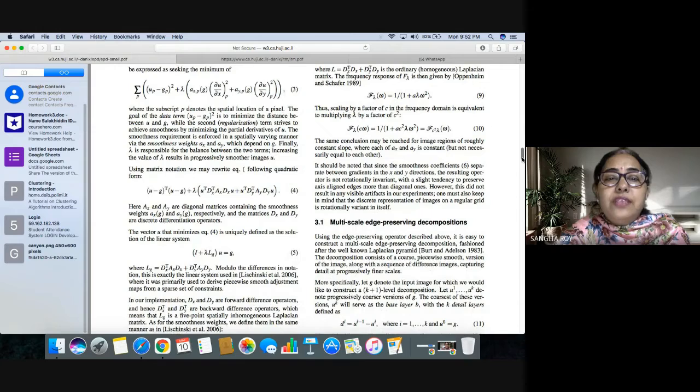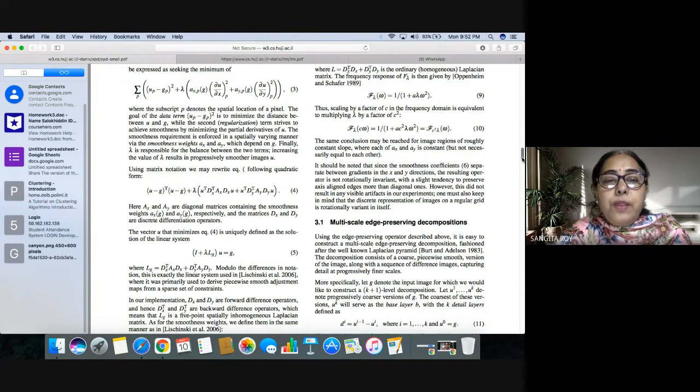Modulo the difference in notation, this is exactly the linear system used in the paper we will discuss shortly, where it was primarily used to derive piecewise smooth adjustment maps from a sparse set of constraints.